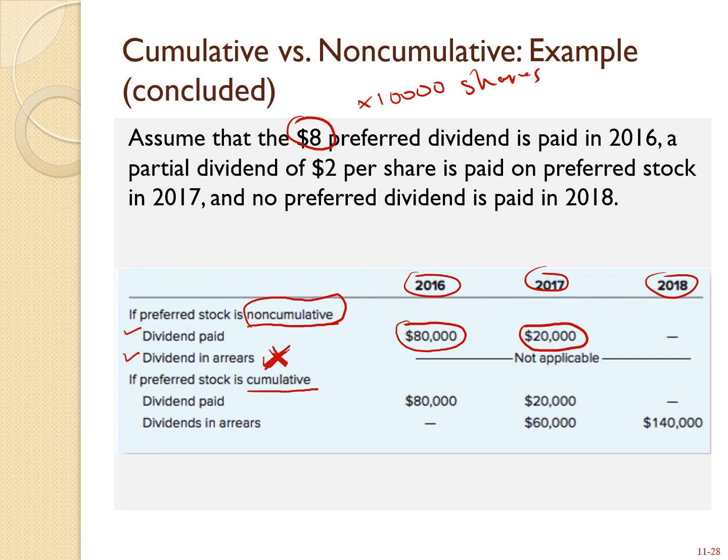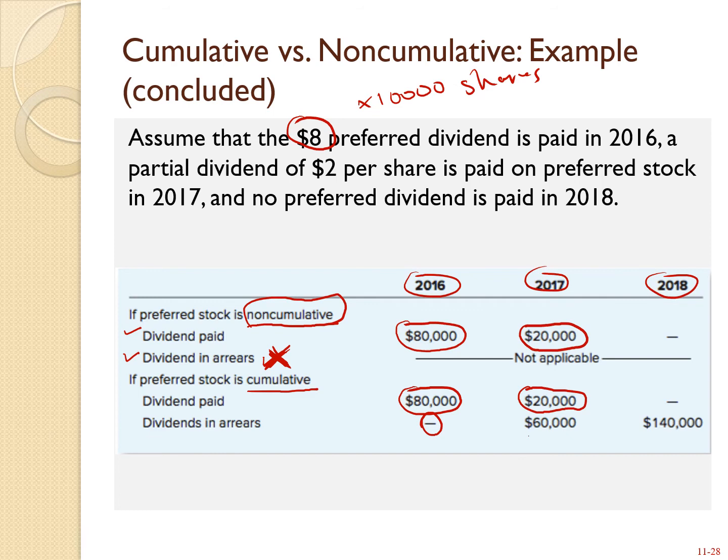It doesn't apply. If the stock is cumulative, however, in the first year they paid everything, so you don't have any liabilities. It's not a liability, but I'm just using the term to make it easier for you. In the next year, they paid 20. They should have paid 80.